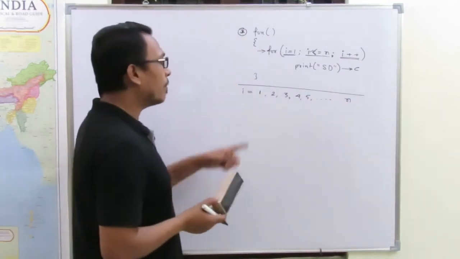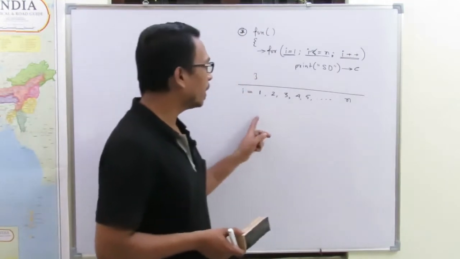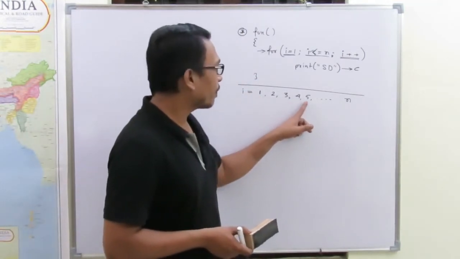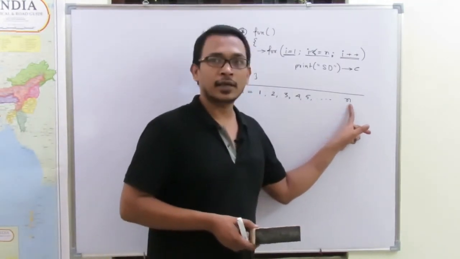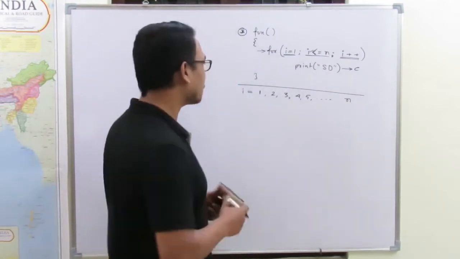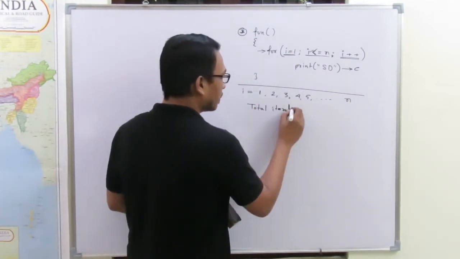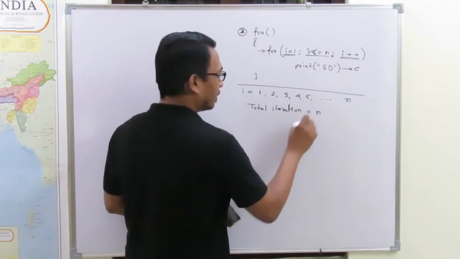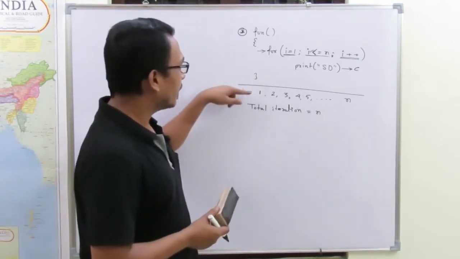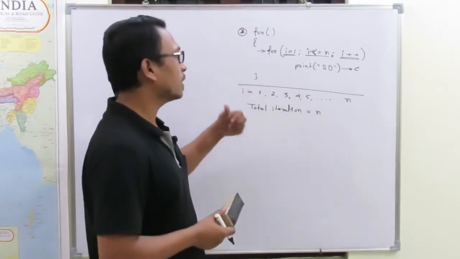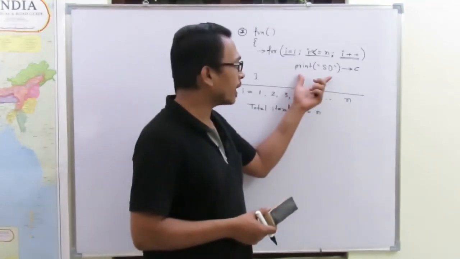So total how many iterations are there? Total n iterations are there. Clear? So total iteration is n, and each of these iterations will take how long?